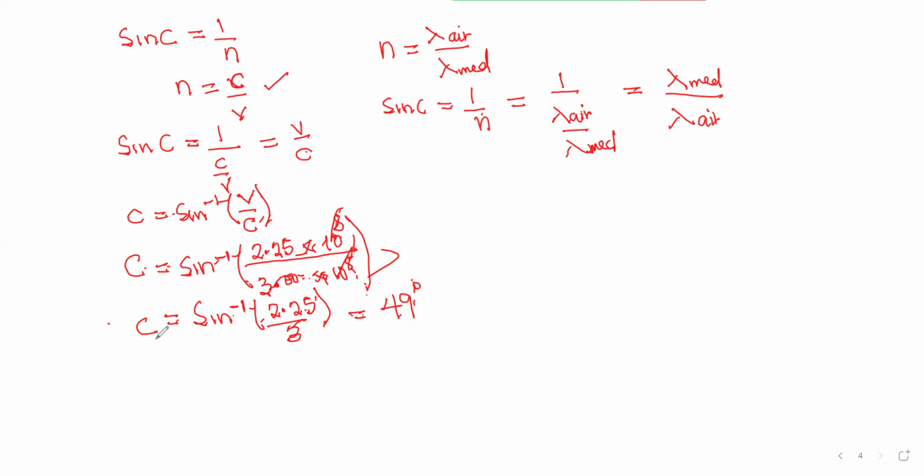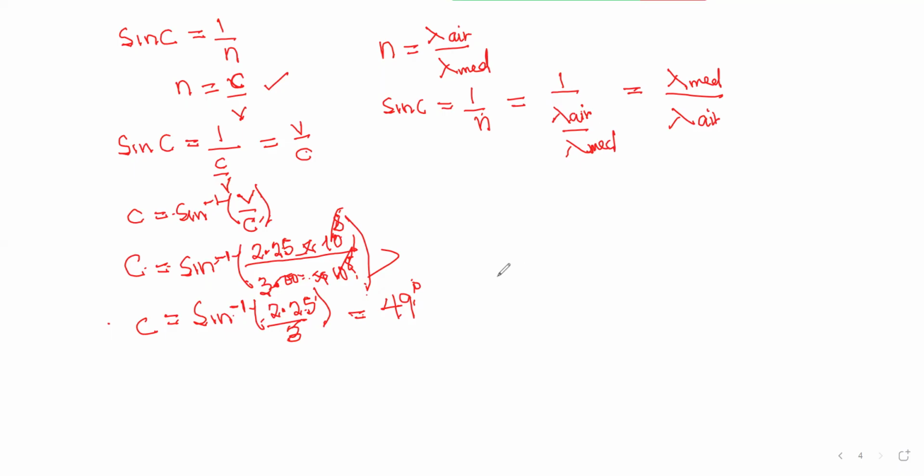If the refractive index of water is 1.33, the object will appear to be displaced by, so it means that you have to calculate the displacement.